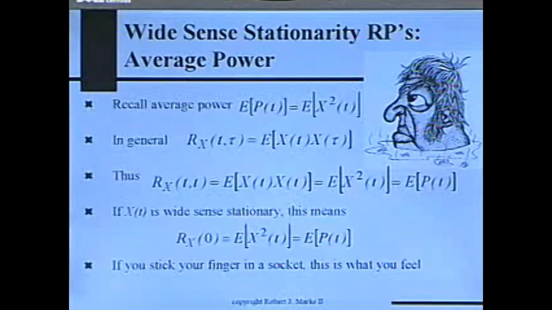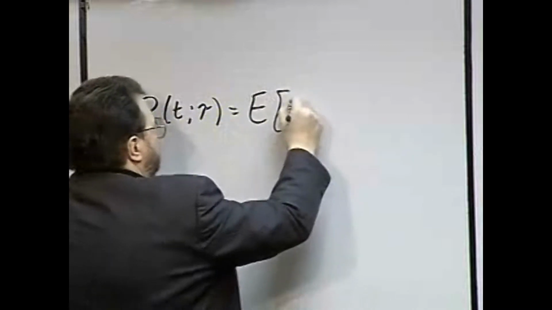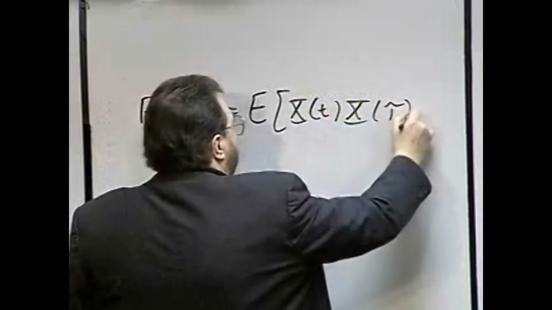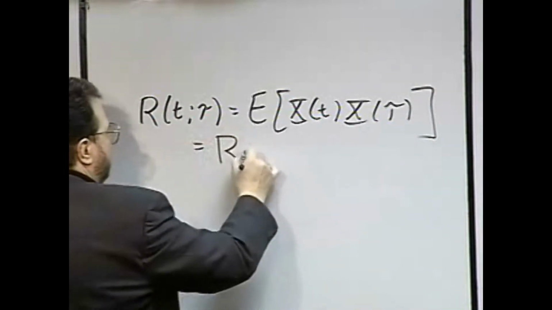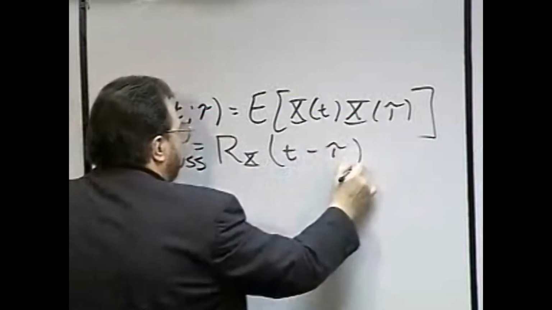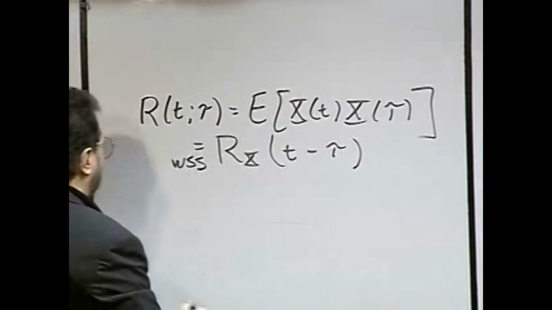We know that this is true. This is the definition for our stochastic process. If it is wide sense stationary, then this is just a function of t minus tau, is what we decided. So it's only a function of the difference between t and tau.